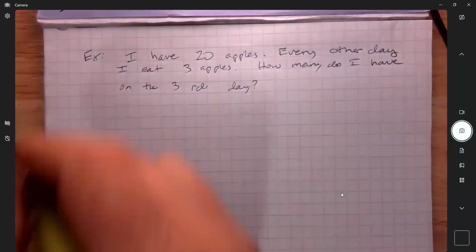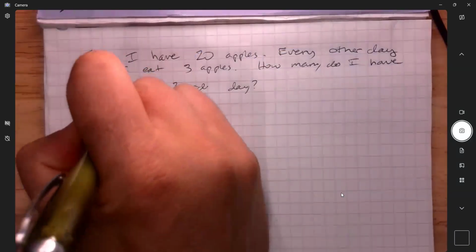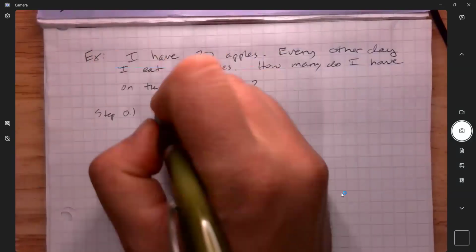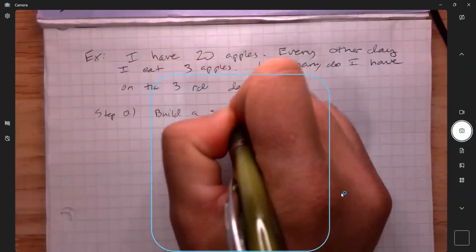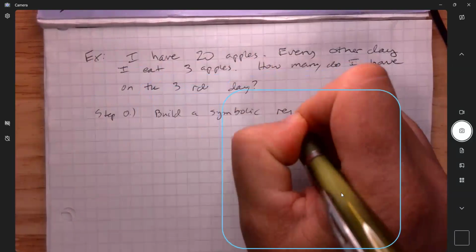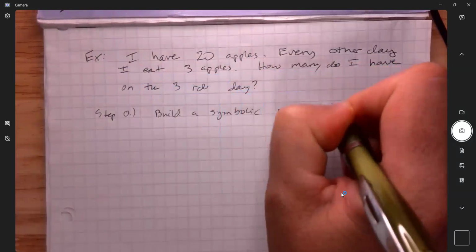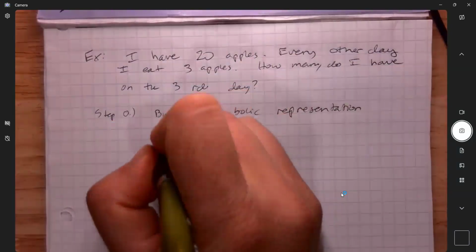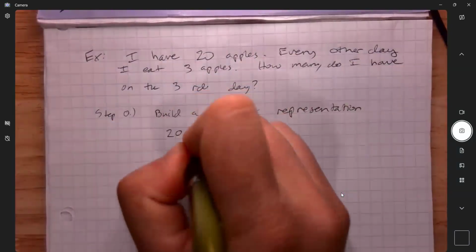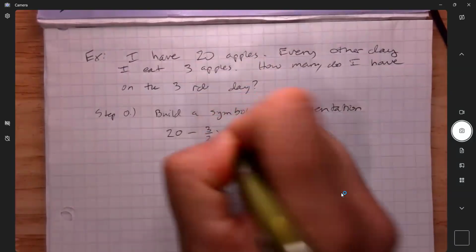All right, so step 0 is build a symbolic representation of the math question. And we said, let's see, we had our formula, which is 20 minus 3 over 2 x.